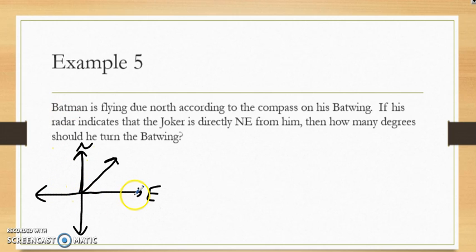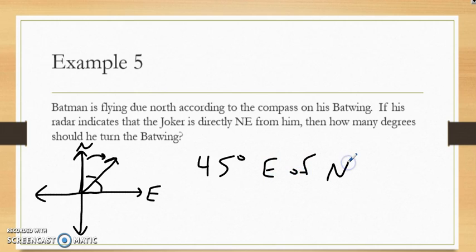So it's cutting what's normally a 90-degree angle into two 45-degree pieces. So the number of degrees he needs to turn the bat wing going from due north to northeast is 45 degrees in that direction. The bearing for that would often be denoted as 45 degrees east of north, because he's starting off going north and then turning in the direction of east.